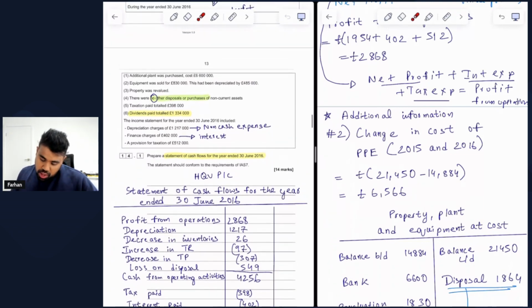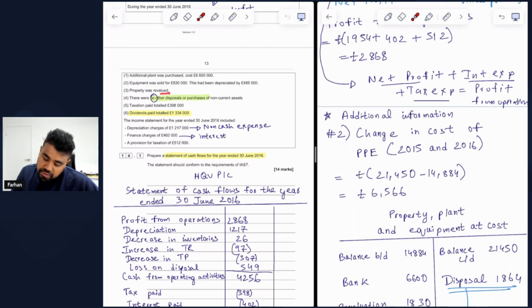So if you check the additional information number 1, it clearly says additional plant was purchased with the cost of £6.6 million. And you can also see in additional information number 2 that equipment was sold for £830,000. This had been depreciated by £485,000.